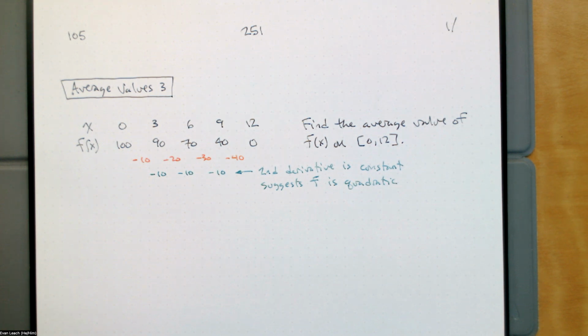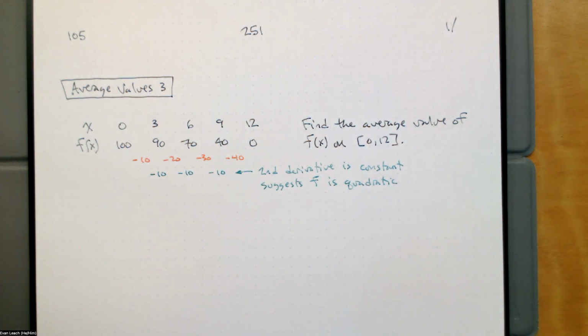This is assuming that I'm not pulling some kind of shenanigans and not telling you some vital information about what's going on in this function. If we encountered this type of number setup, we would say it looks like we're dealing with a decreasing concave down quadratic function. But we do want to notice that with these second derivatives being all negative, that suggests the function is concave down. That's going to change how our approximations go.